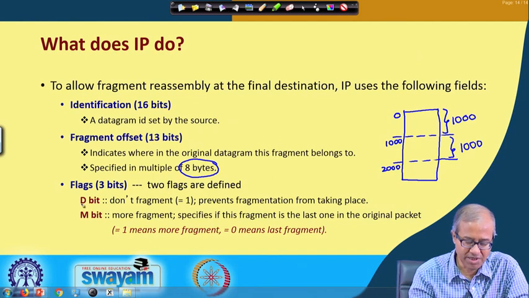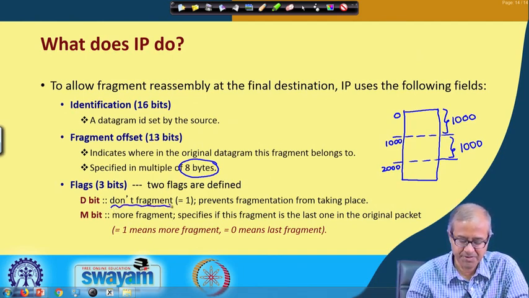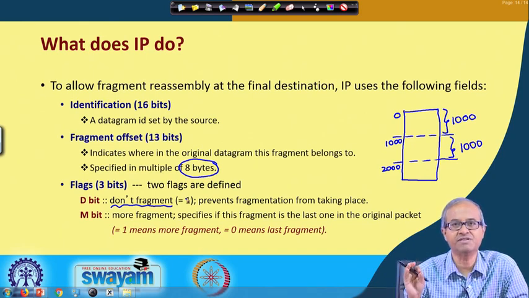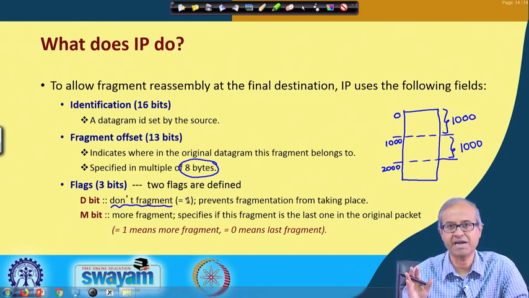Okay? And there are flags, there are 3 bits reserved for the flags, but actually 2 flags are defined. One is a D flag, D stands for do not fragment. So, if this flag is 1, it tells the router not to fragment this packet. So, you can enforce that this packet must not be fragmented. It is carrying some other information, which if you fragment, there may be some problem.